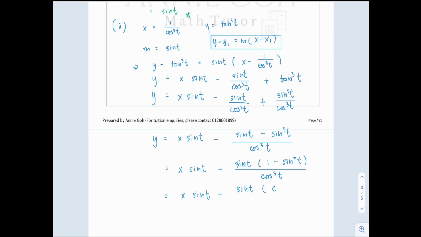It should be equal to cos squared t. So for now, we can cancel off the cos squared with the cos cube at the bottom, which means what we have here will be just sine t over cos t, which is tan t. That's how we prove the equation of the tangent in part 2.